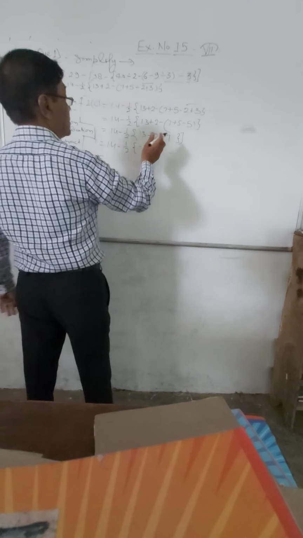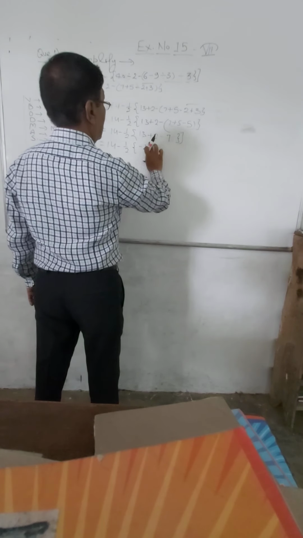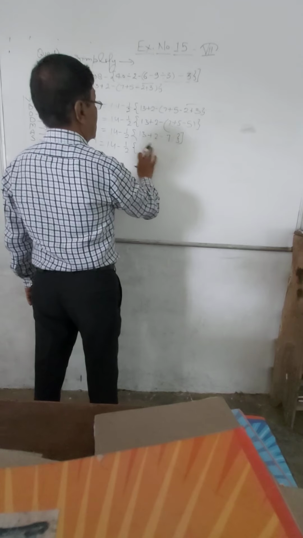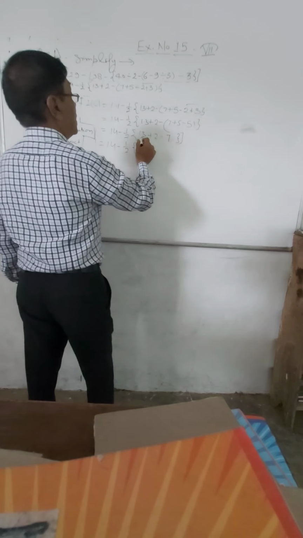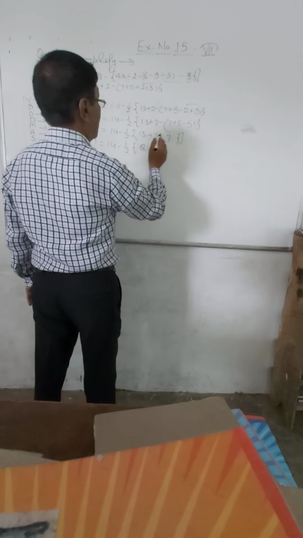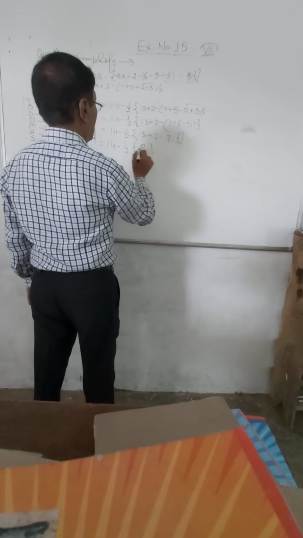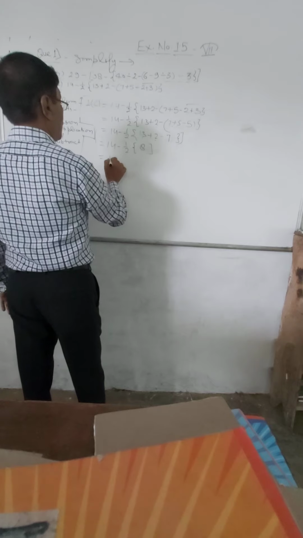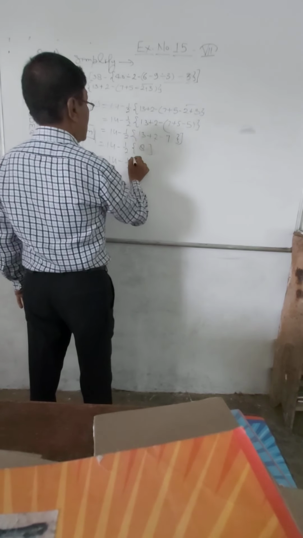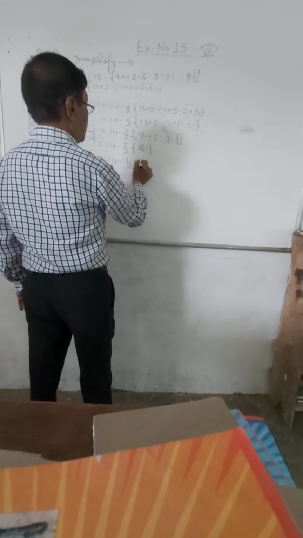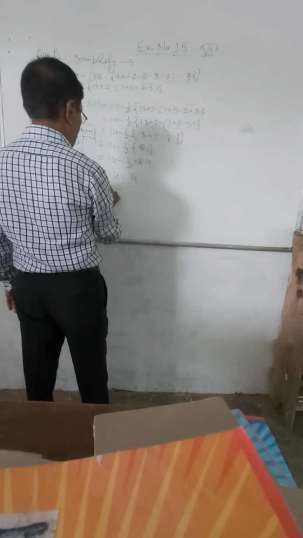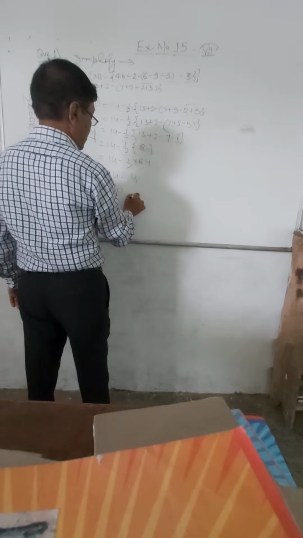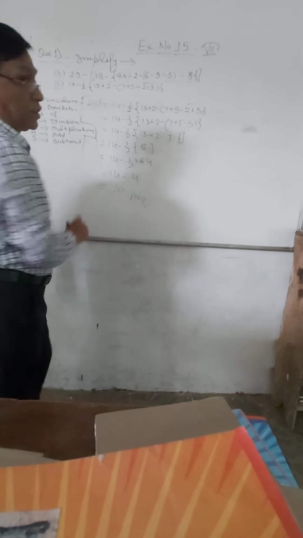So 13 plus 2, 15 minus 7, 8 it will come. Now 14 minus half into 8. So 2 4s are 8. So 14 minus 4. This will come 10. This is the answer of question C.